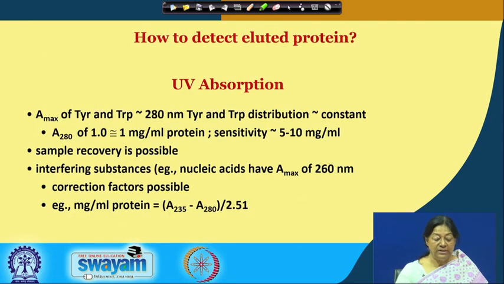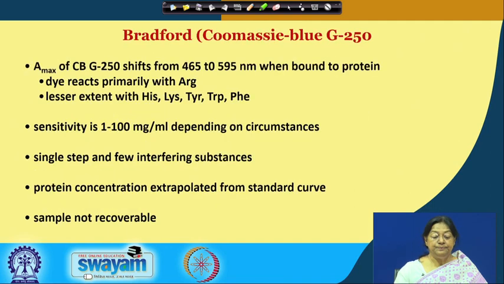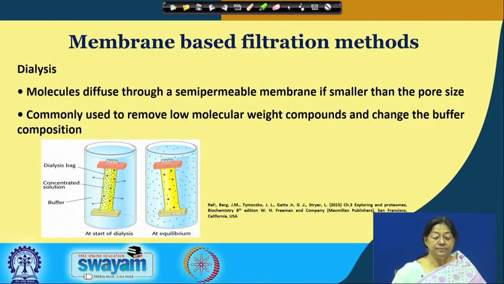As a thumb rule, if we have an A280, that is the absorbance at 280 nanometer, of about 1, it approximately means we have around 1 milligram per ml of protein. So, the Bradford assay also tells us whether the protein of interest is present in our specific fraction.